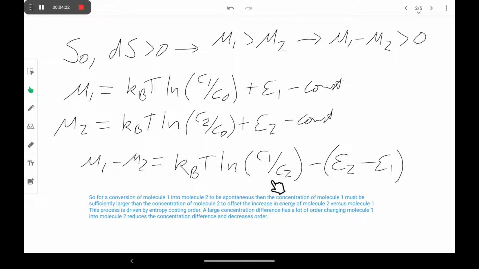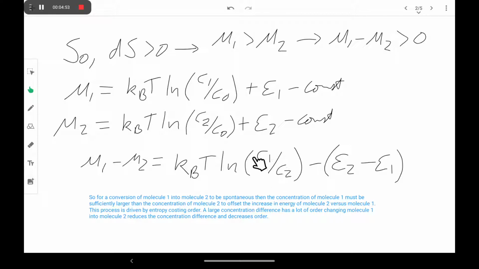We've chosen that epsilon 2 minus epsilon 1 is greater than 0 because epsilon 2 was the larger value. So in order for this to be spontaneous and this whole thing to be greater than 0, that means this first term that's dependent on the concentrations must be bigger than this difference. And that is the entropic change. Okay?